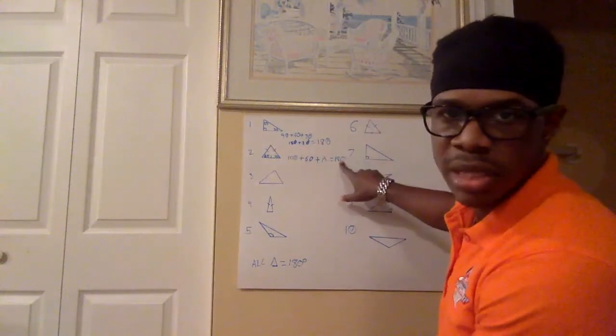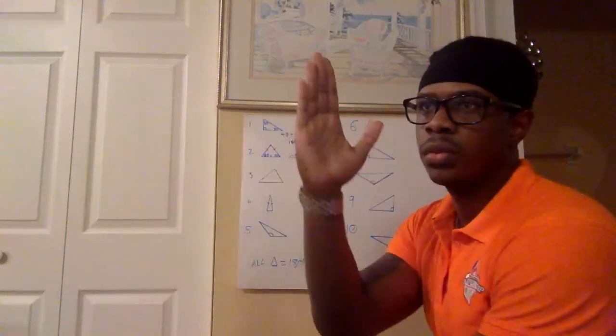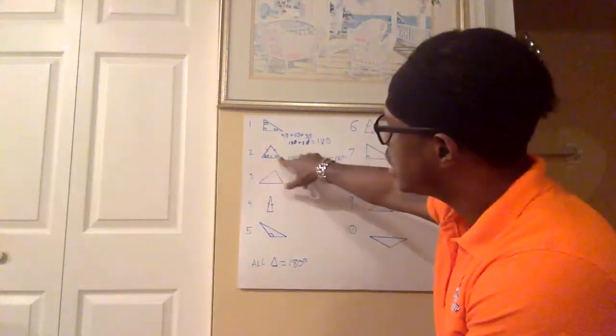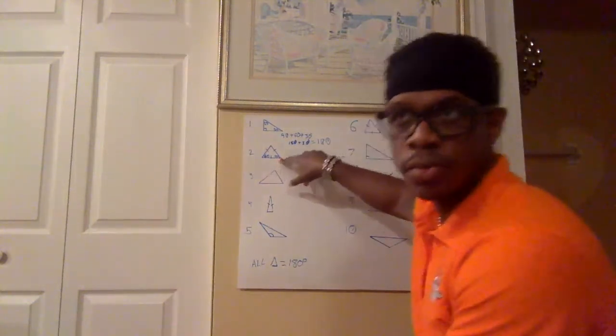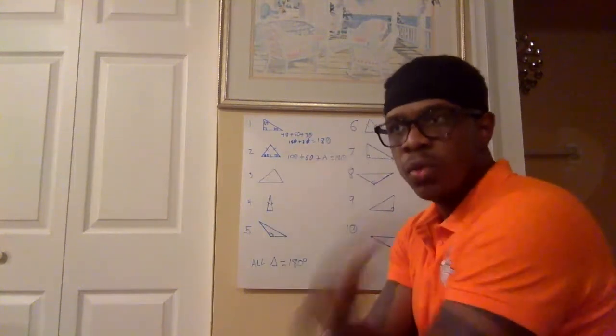So remember, we always know that all triangles always add up to 180 degrees. So if we have 100 degrees on one angle, and then we have 60 on the other, when we add those together, we get 160. And we know that all triangles, when you add it together, they have to equal 180.